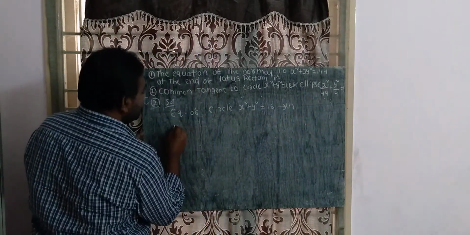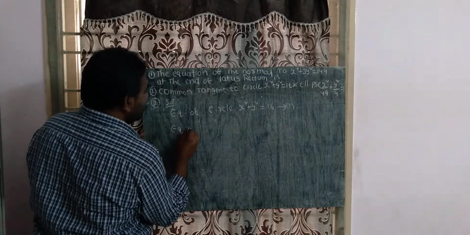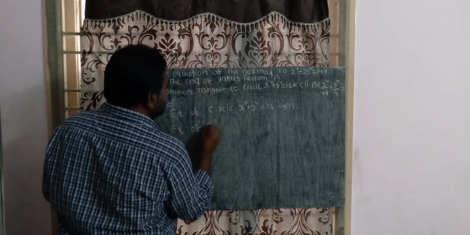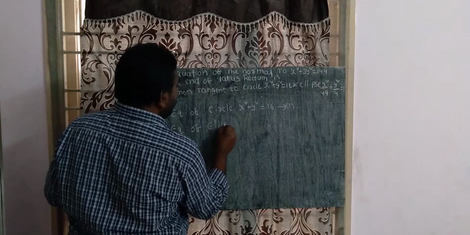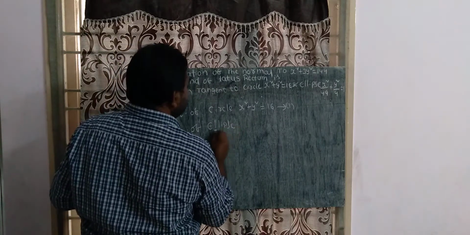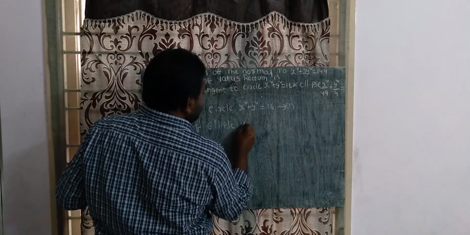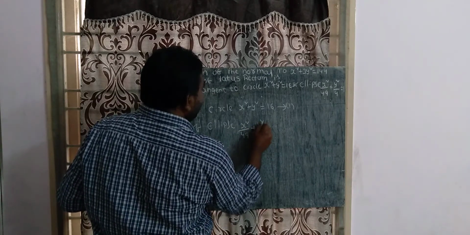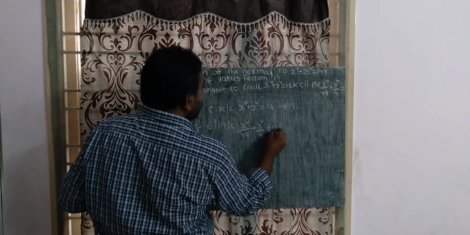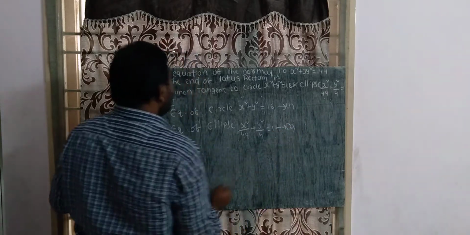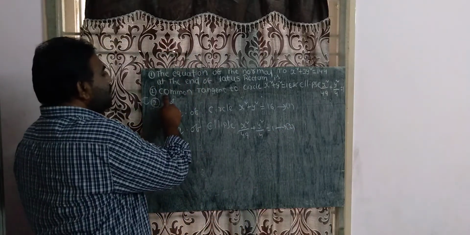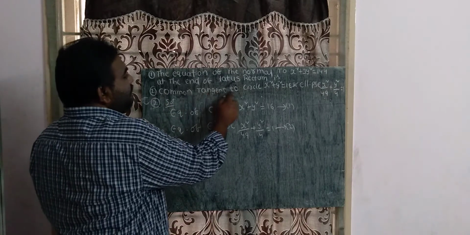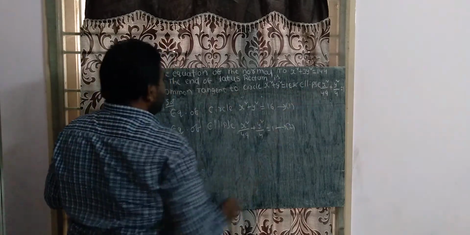Equation of ellipse: x square by 49 plus y square by 4 is equal to 1. Take this as equation 2. What it gives us: find the common tangent to the circle and ellipse.